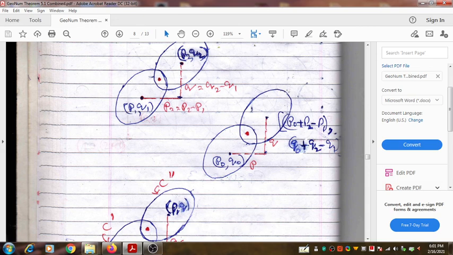That is the fourth translate. Definitely the third and fourth translates will share the same kind of points as the first and second translates share.